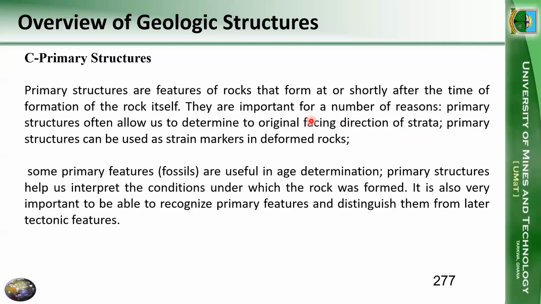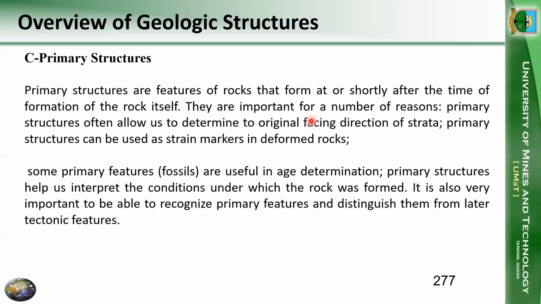And they are very important for a number of reasons. One, primary structures allow us to determine the original facing direction of the strata. We get to know the original state, how the rock formed originally. It also helps us to know exactly when the rock began to deform.